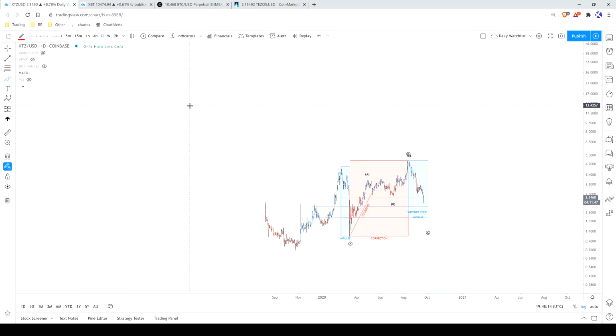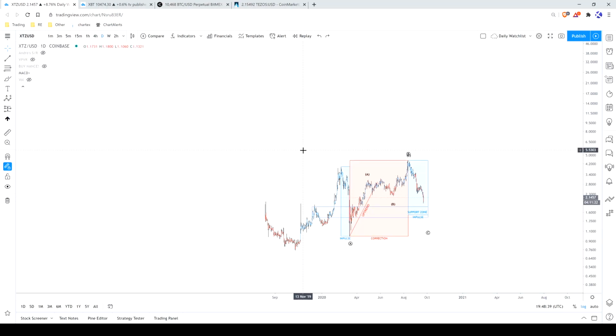So Tezos came from back here. So when I suggest that it's going to do this, it's really not that crazy because we've been here before. We've been around 12 bucks before. So this is one I really have my eyes on.